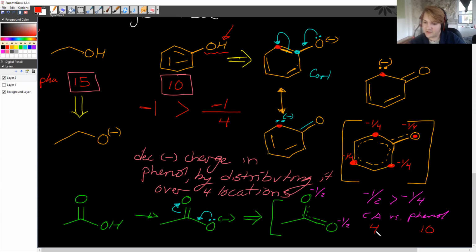Well, actually, it's not true. The carboxylic acid has a pKa of 4. So why is the carboxylic acid, despite having a greater effective charge, about 1,000,000 times more acidic than phenol? What do we think? Who has a really good idea?